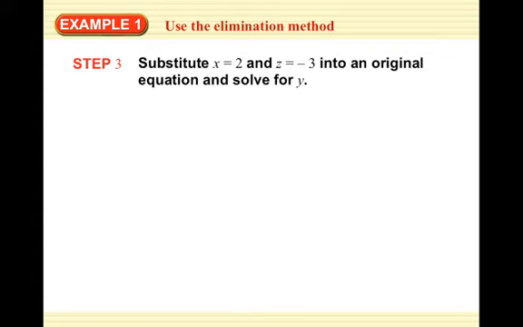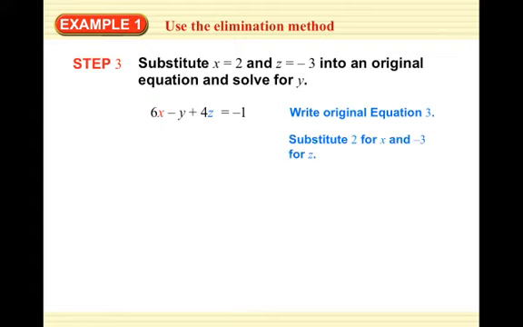So just to be different, we're going to do 3. So you write out the original equation. So we have 6x minus y plus 4z equals -1. So we're going to substitute in the value for x and the value for z. So we're going to have 6 times 2 minus y plus 4 times -3 equals -1. And we're going to solve for y.